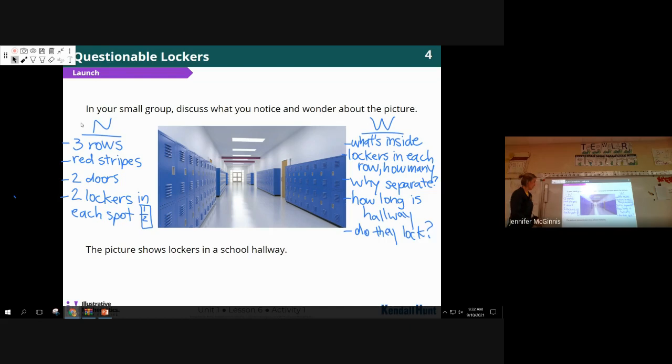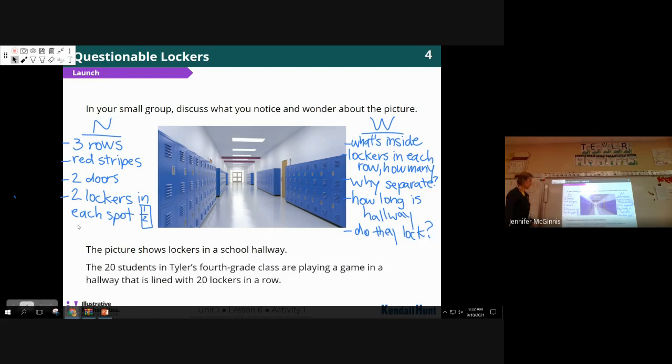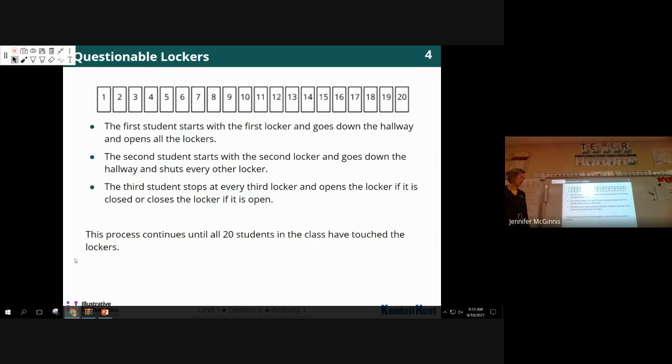The lockers are in the school hallway, and there are 20 students playing a game, which we already know, right? Okay. Let's go through the situation again. The first student starts with the first locker and goes down the hallway and opens all the lockers.